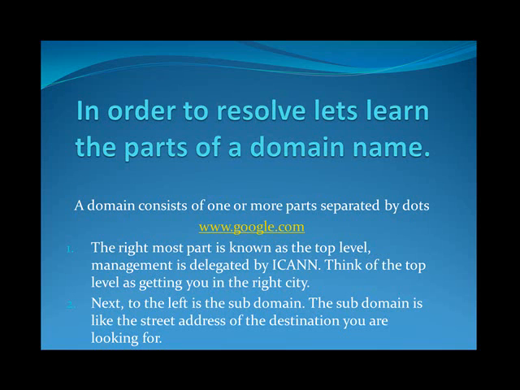The rightmost part is known as the top level. Management of that top level is delegated by ICANN. Think of the top level as getting you in the right city. So in that example, .com is the top level.